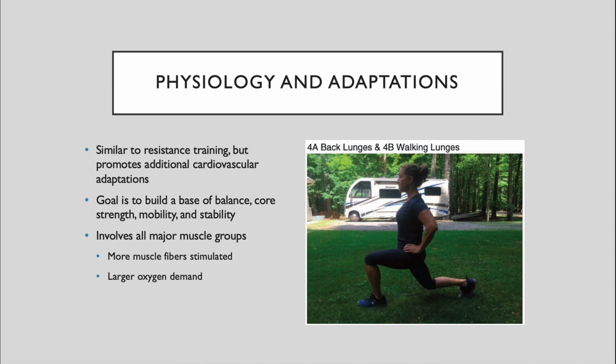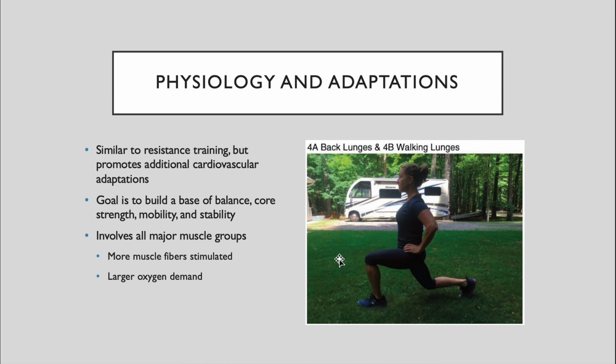So as you can see with this lunge here, you are obviously working the major muscles of the lower body, but it's also involving an element of core strength and balance in order to maintain the correct form throughout the movement.